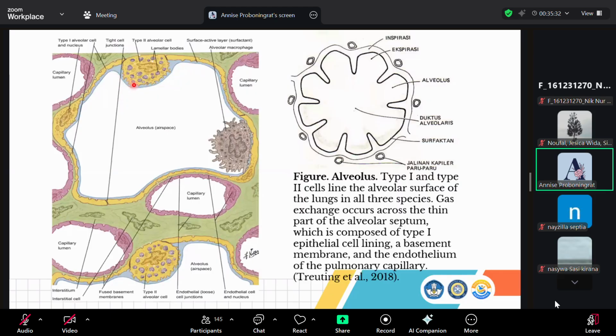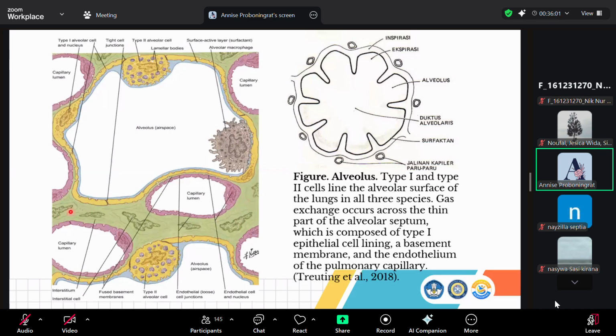Surfactant forms a thin and elastic membrane that covers the entire surface of the alveolar walls. And this is the macrophages. And then the capillary lumen is lined by endothelial cells.